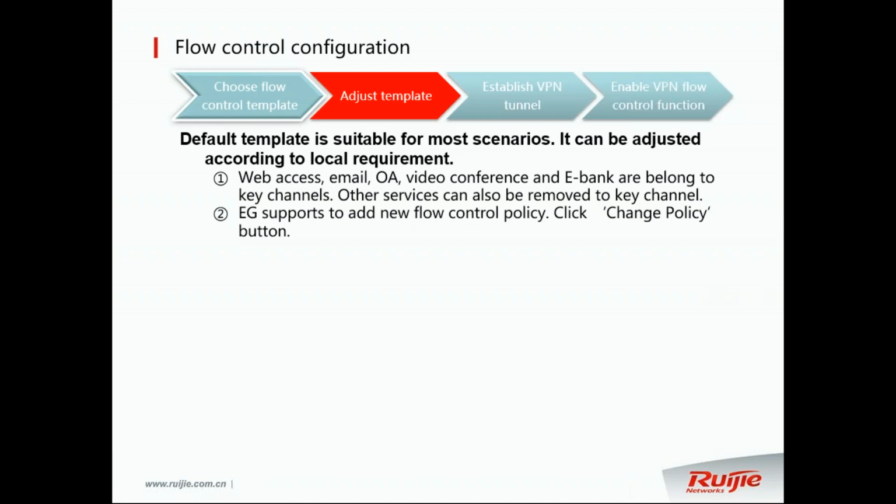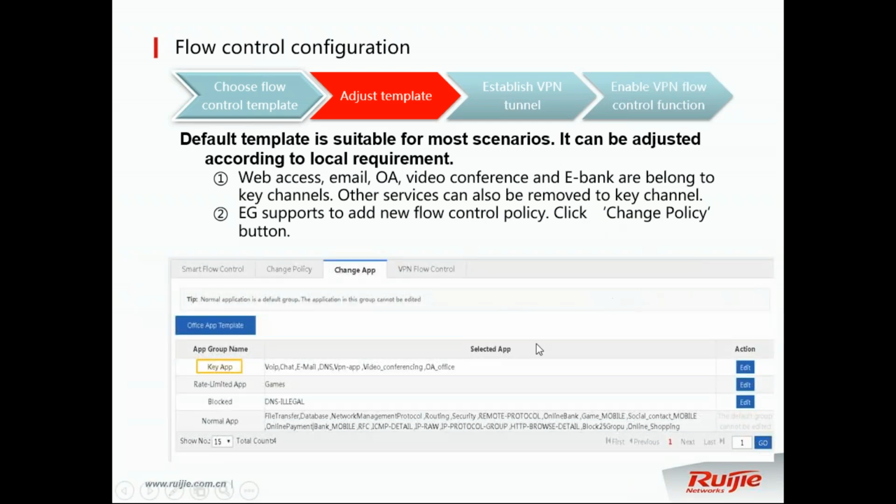But if he also has some other requirement, for example, maybe he says that Google or YouTube is very important for his company, so he wants to keep it in the key channel, you can just edit the key app and add the custom required service to this template.